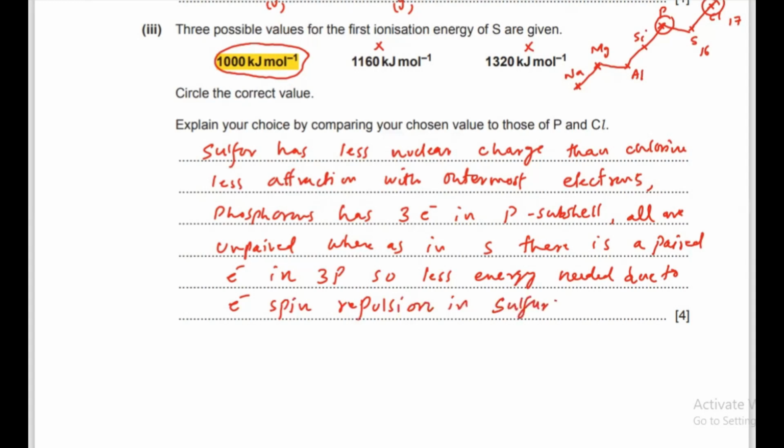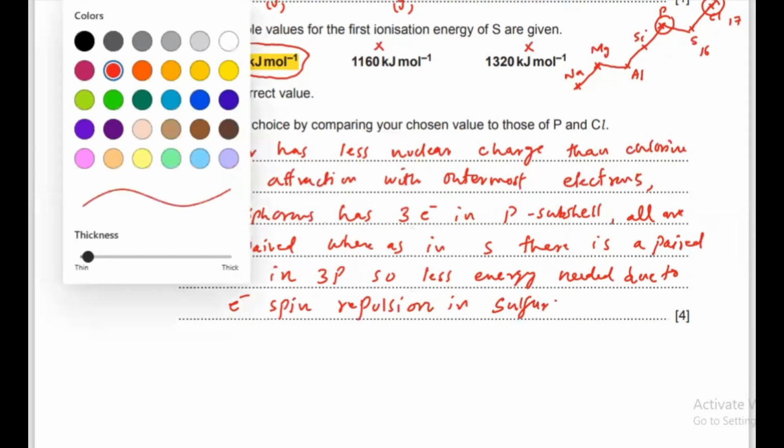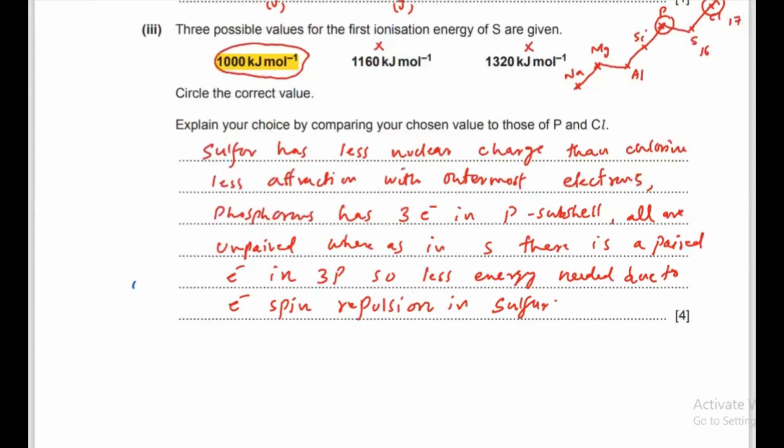We can also see that in phosphorus the 3p subshell is half filled, and half filled orbitals are more stable. So this is more stable.